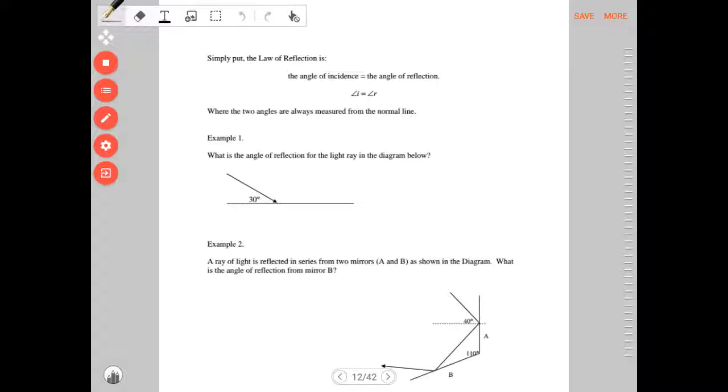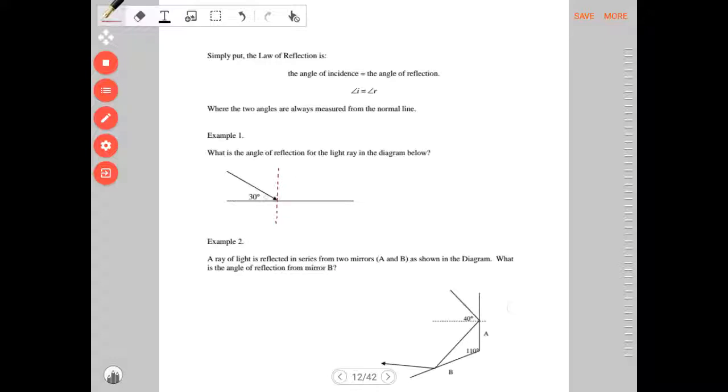So example 1: what is the angle of reflection for the light ray in the diagram below? First things first, we draw in the normal line. Let's try that again. There, that's a little better. So remember, the normal line is always at 90 degrees to the surface. In this case, the angle of incidence would be 60 degrees.